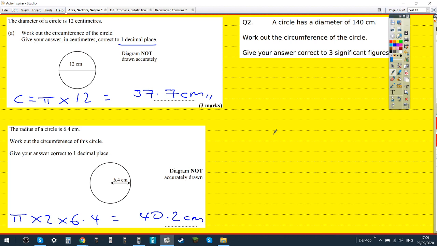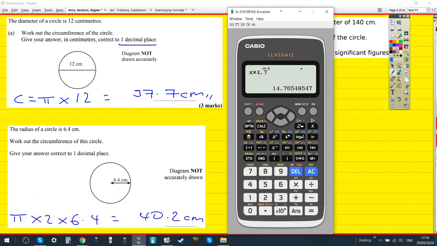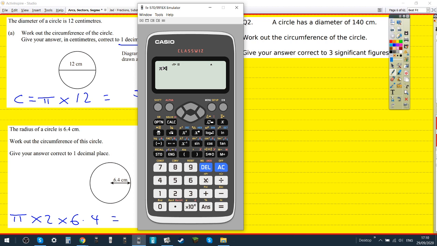Three significant. Okay. Is three significant figures to like 3 decimal places? It's like 3 digits. Oh, okay. So is that only for like the positive numbers?